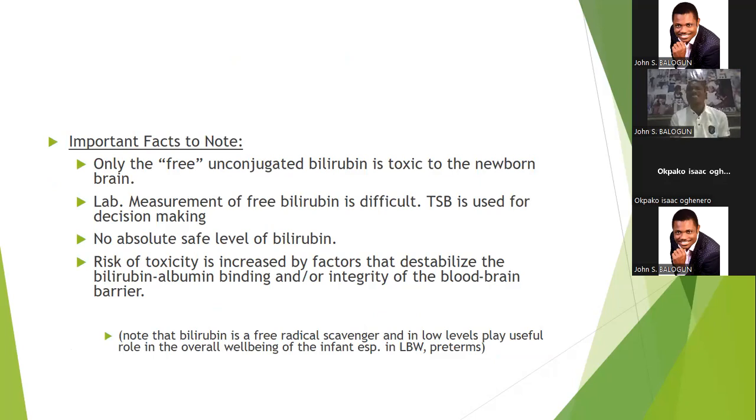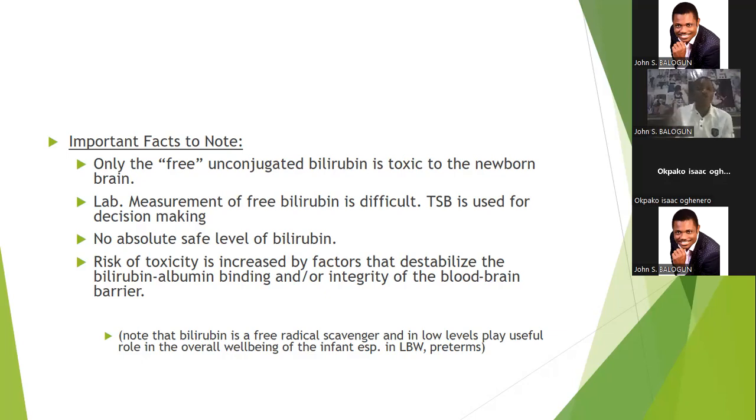What makes it a significant entity that we have to even be discussing it? The reason is because it is toxic to the brain. Now, the jaundice that is toxic to the brain is the unconjugated bilirubin, not the conjugated one.